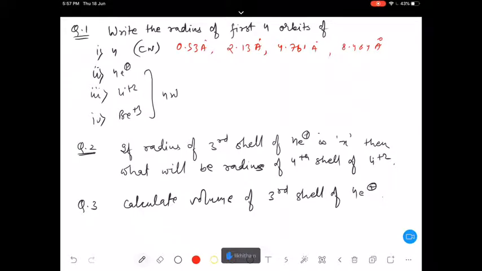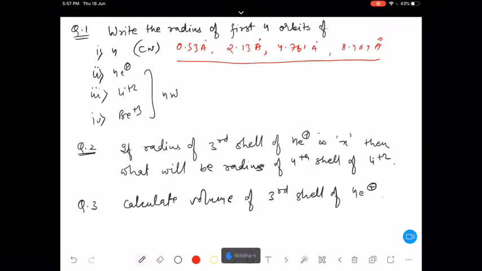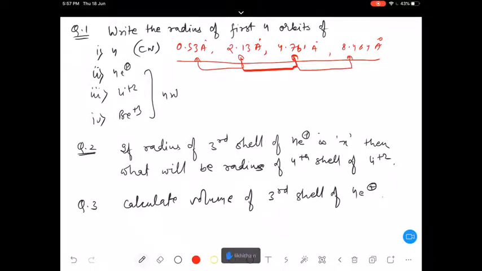What kind of pattern do you observe? Is it increasing linearly? No, not linearly. Not an arithmetic progression you are getting. Like the difference here is around 1.5, here more than 1.5, like around 2.5, here it is more than 2.5 again. Right?